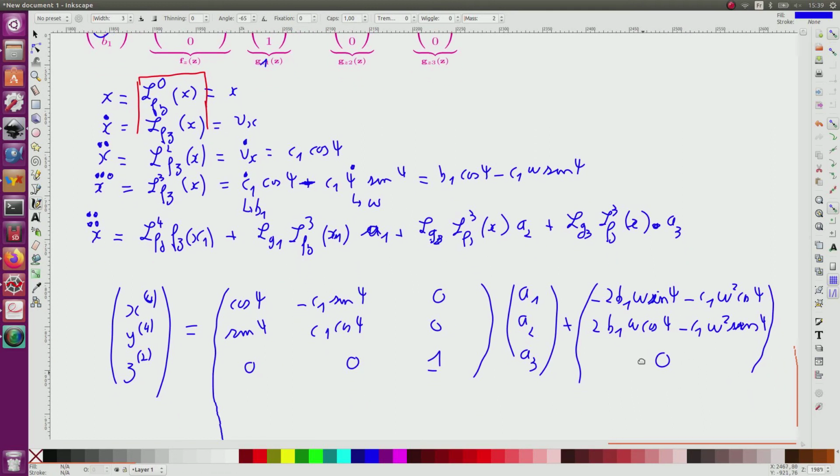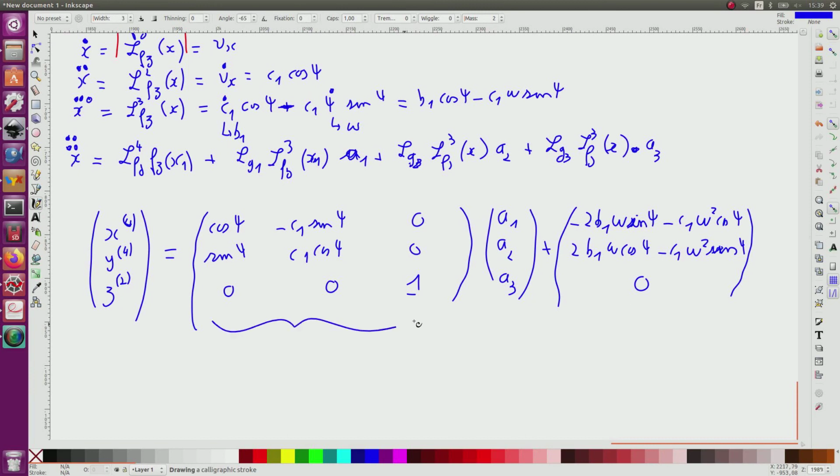So this expression is a of z, and now this one is b of z.